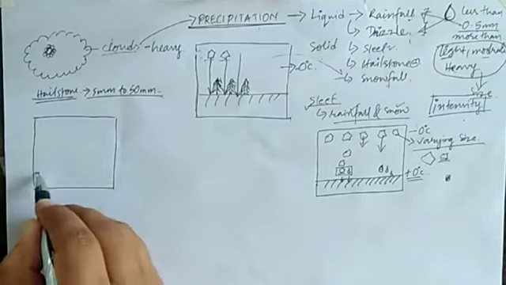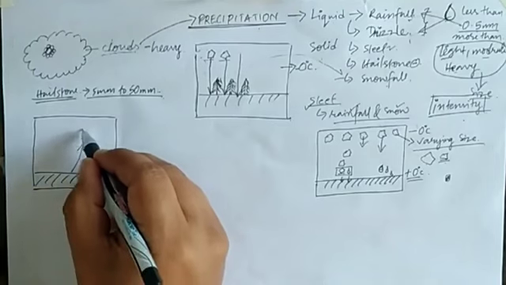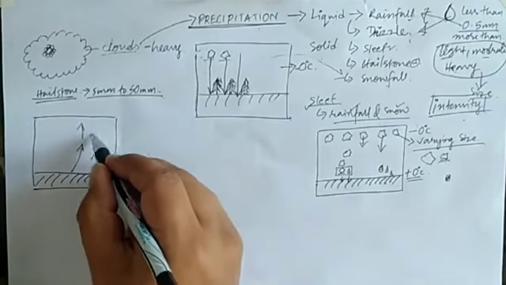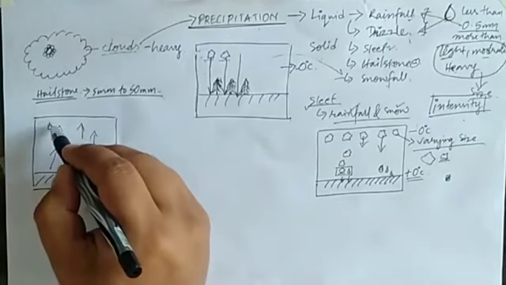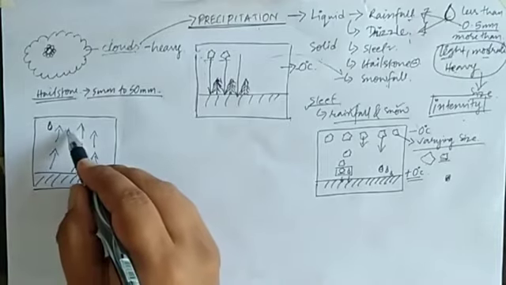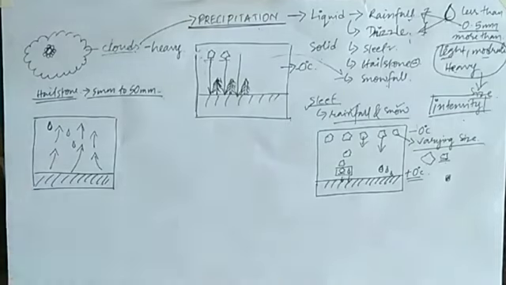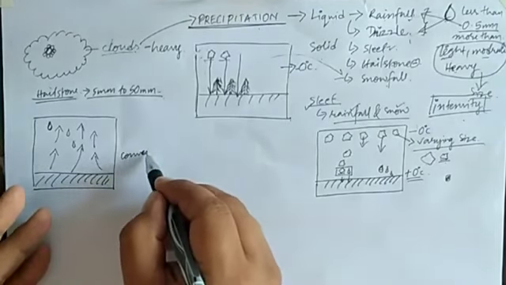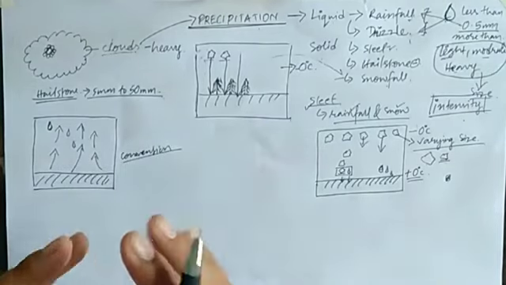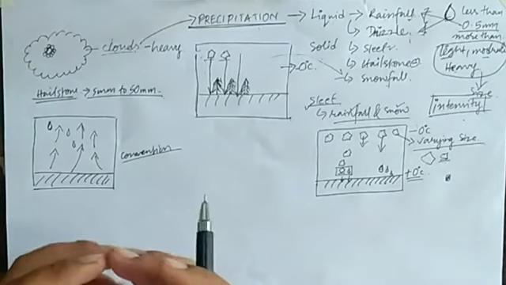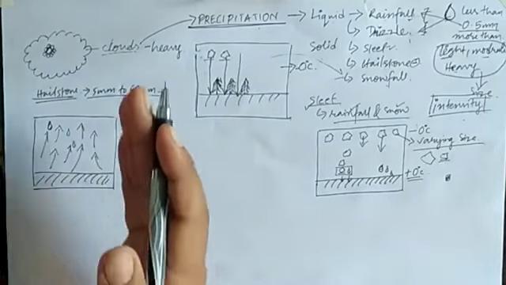Now what happens here is due to convection. Suppose this is the earth's surface; the convection current means the rising air from the earth's surface. When the rain droplets are falling towards the earth's surface, if the force of the convection current is much higher, those rain droplets will be blown away into the upper atmosphere.